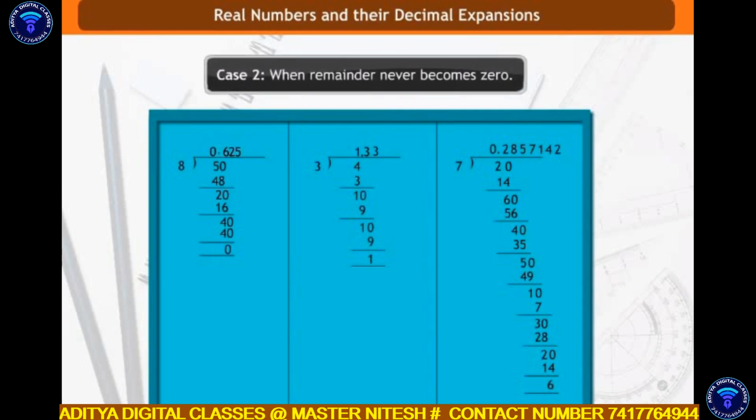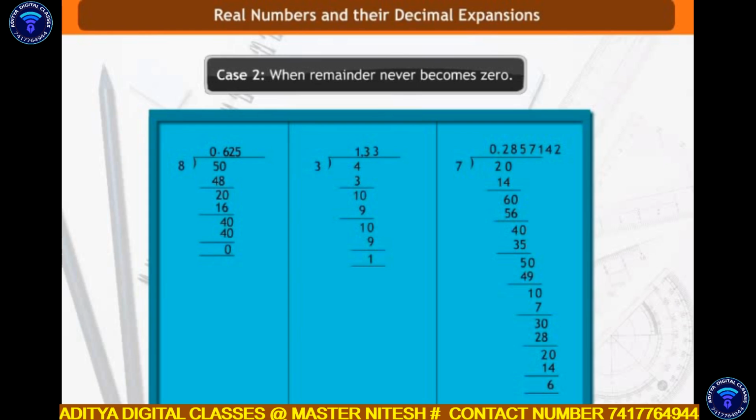Case 2, when the remainder never becomes 0. In this case, the corresponding decimal expansion is non-terminating. In the decimal expansion of 4 by 3 and 2 by 7, we can see that the remainder never becomes 0. Thus their corresponding decimal expansions are non-terminating.